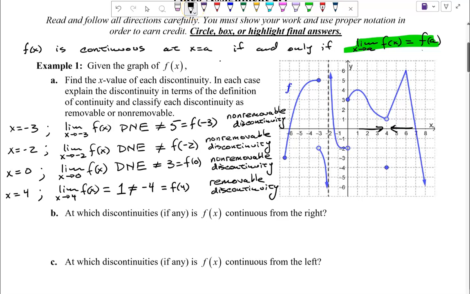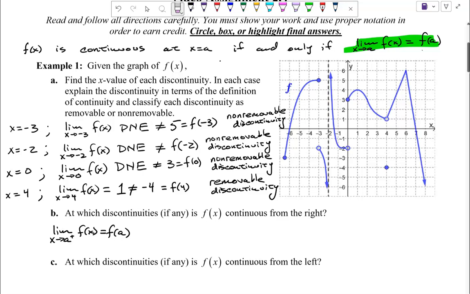Part B, at which discontinuities, if any, is f of x continuous from the right? So for continuity from the right, we need to show that the limit as x approaches a from the right of f of x is equal to f of a. Basically, what that means is that a portion of the graph, when we're traveling from right to left, is going to reach an endpoint.